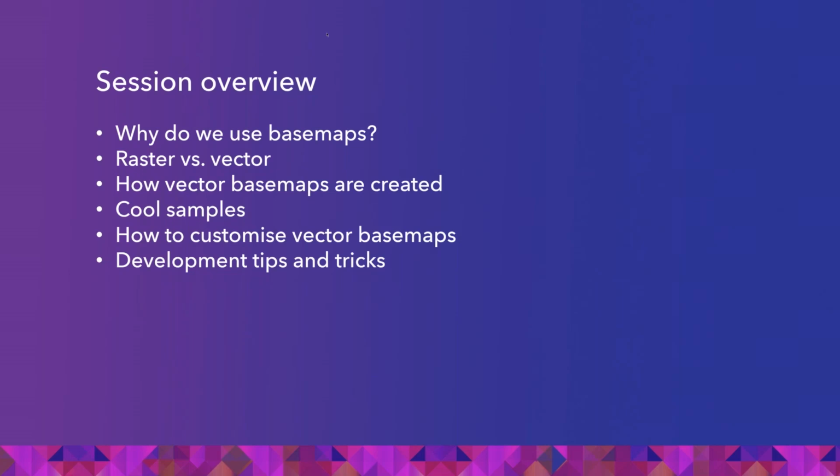And then we'll move on to talk about the two main types of basemaps, being raster and vector. After that, we'll tell you how to make your own basemaps. We'll show you some cool samples to hopefully inspire you, and then talk about how to customize vector basemaps to your needs. And finally, we'll give you some tips and tricks on how to use vector basemaps in your own development projects. So without further ado, let's get started.